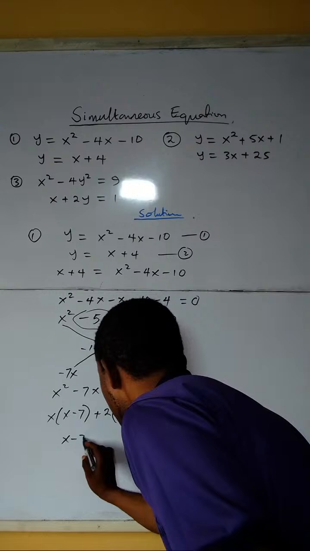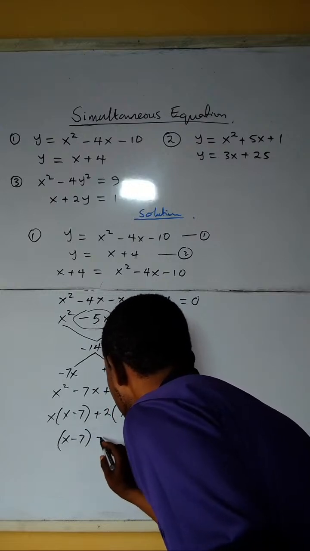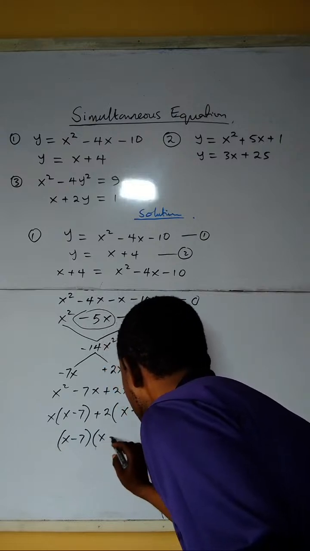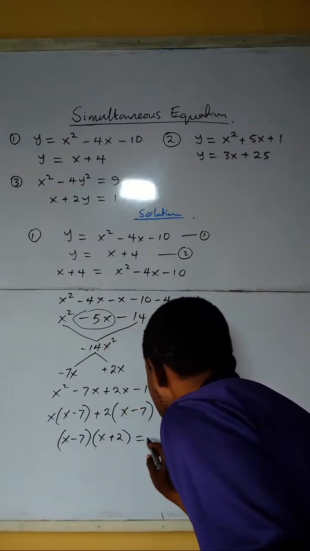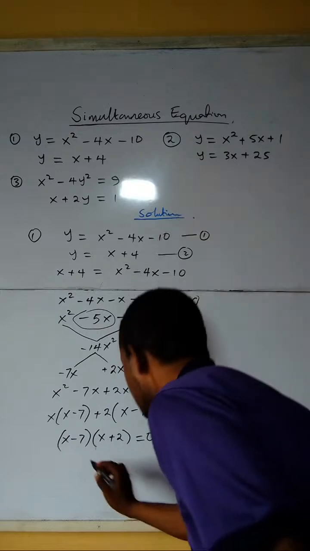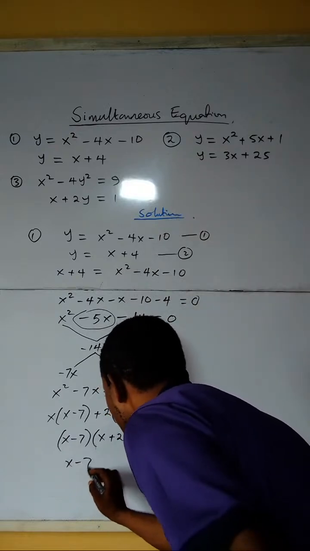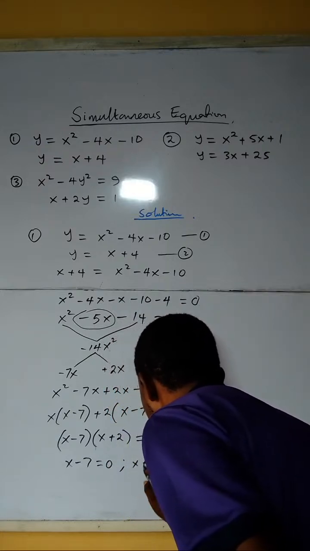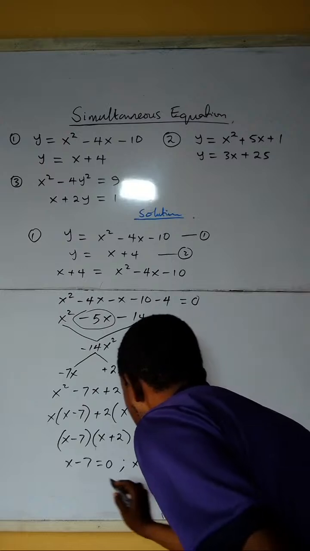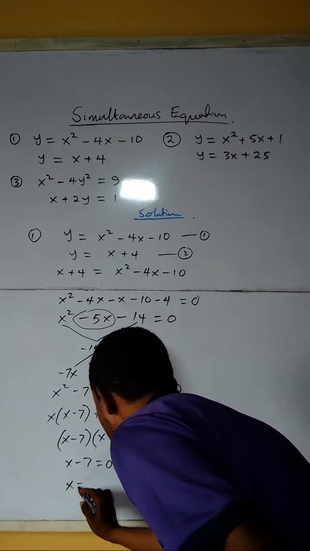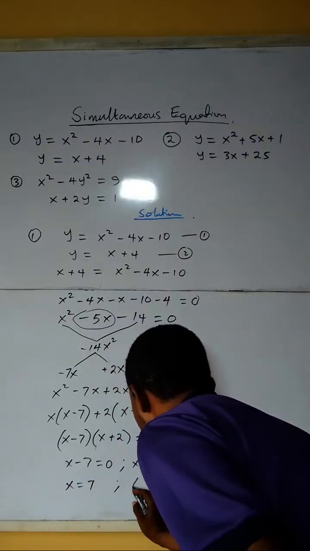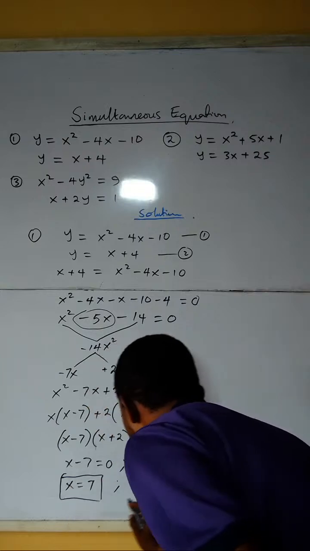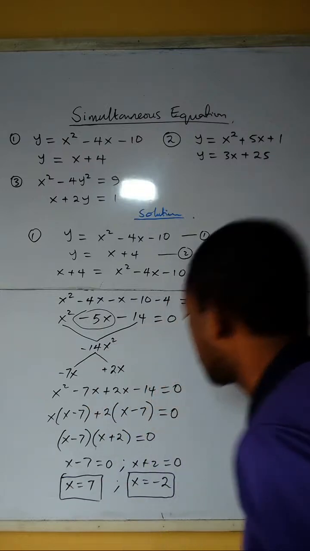We factor that out, then we have x plus 2 left, equals 0. So we have x minus 7 equals 0, or x plus 2 equals 0. On this side, we have x equals 7, and here we have x equals minus 2. So we have two values of x in this problem.